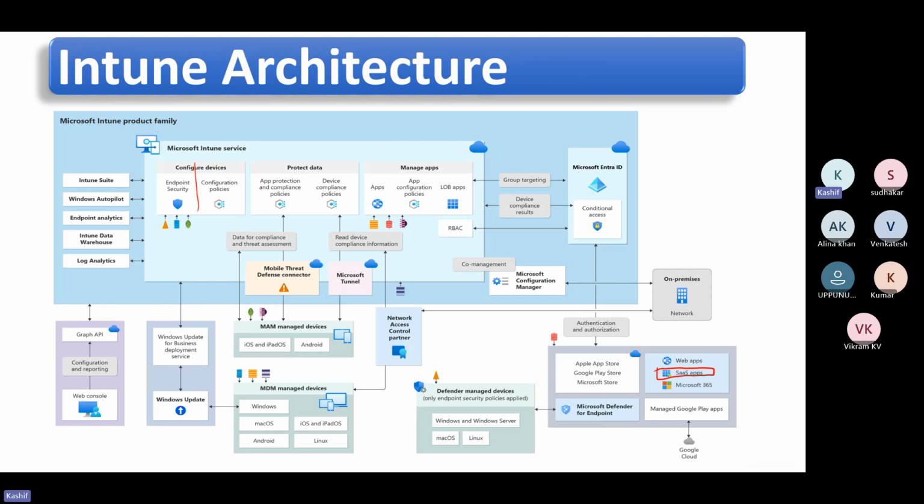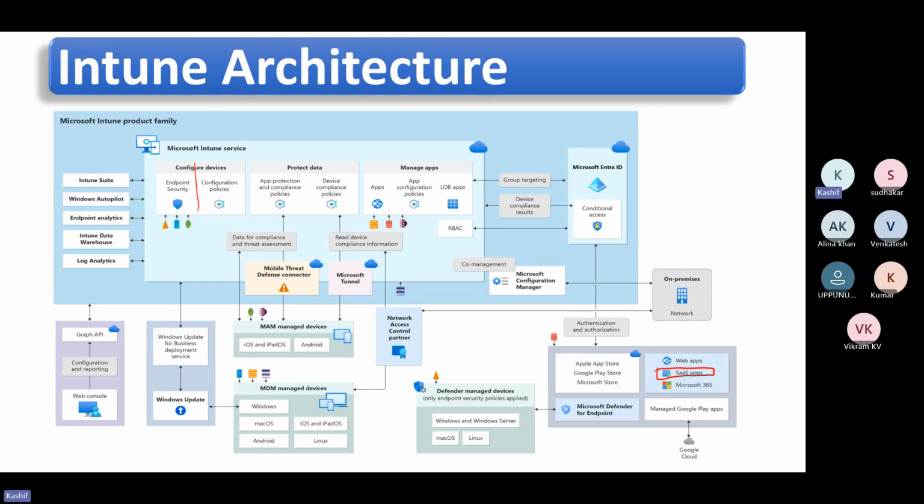Unlike SCCM, in SCCM, we have to design the architecture where we keep our primary site server, where do we keep our secondary site server, where do we keep our central administration site server, database server, distribution point. All those headaches you have to take. But here, everything is done by Microsoft.